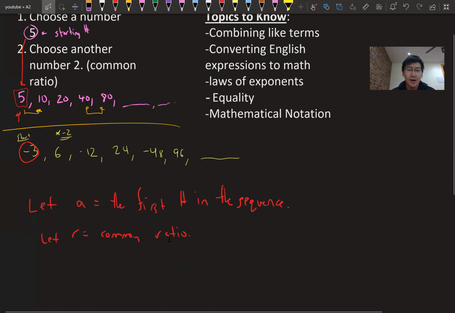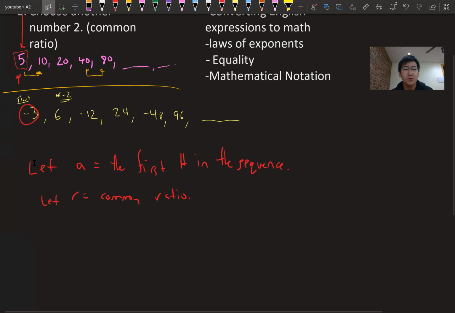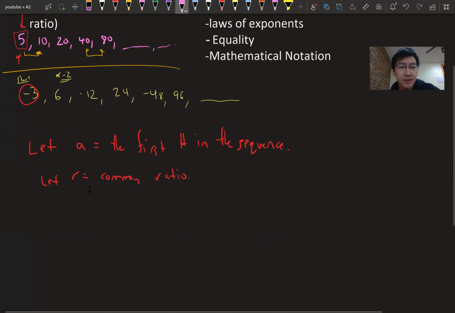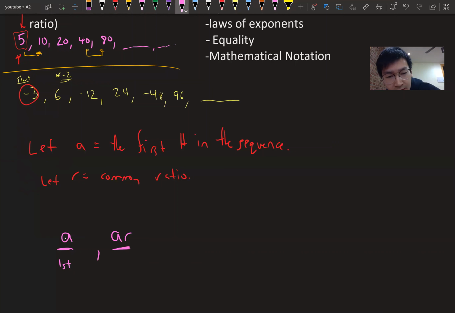Now let's try to create the sequence using these two letters. Once again, the first term is a. To get the next one, we multiply by the common ratio r, so a times r. The next term would be ar, so this is the second.